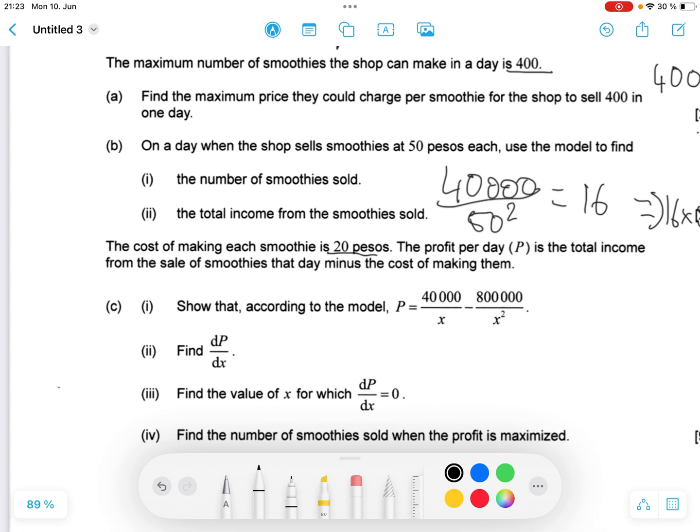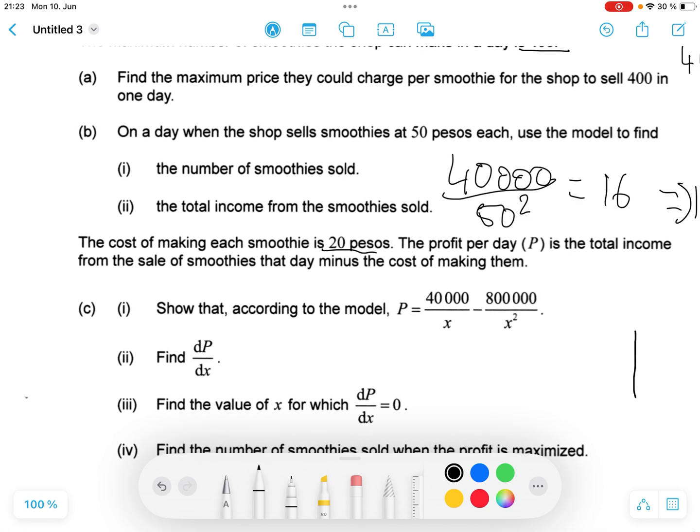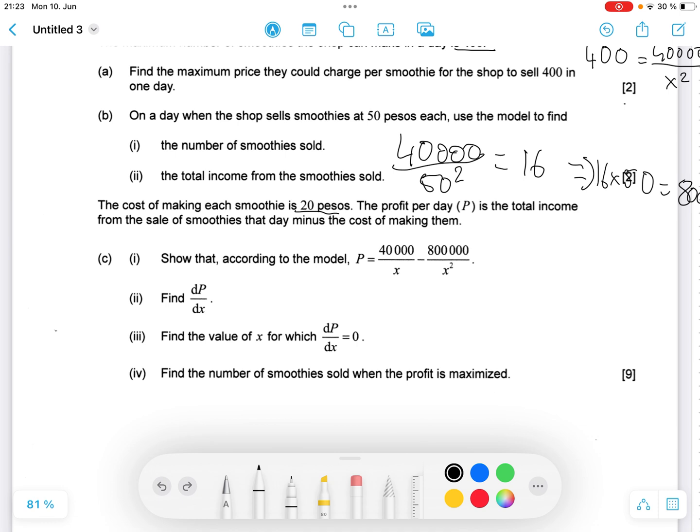So now the question gets a bit more interesting. It says the cost of making each smoothie is 20 pesos. The profit per day is the total income of the sales minus the cost of making them. Show that according to the model, P equals 40,000 over X minus 800,000 over X squared. Alright, so we need to know that profit equals revenue minus cost.